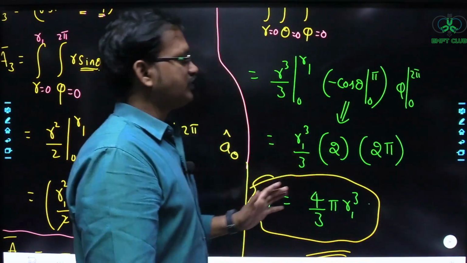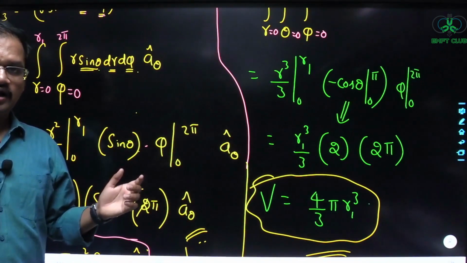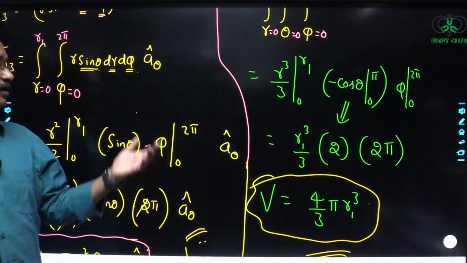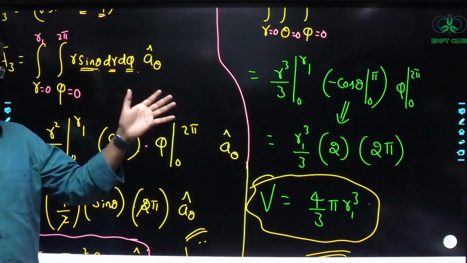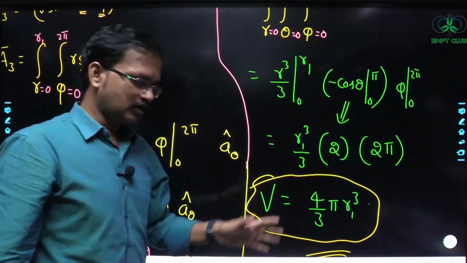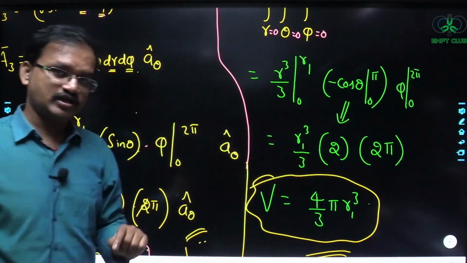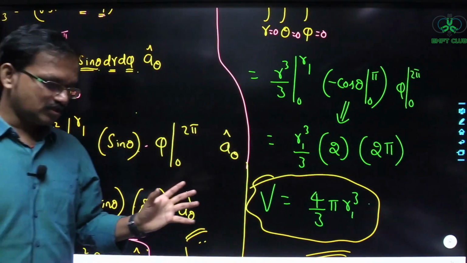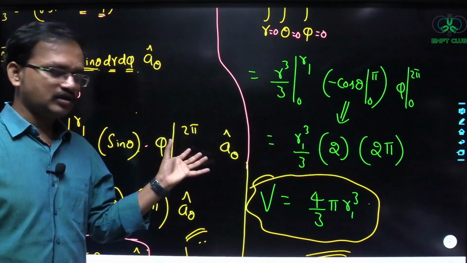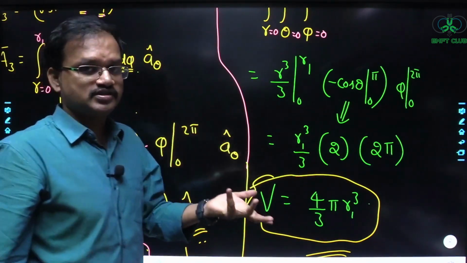After that we have seen how to determine the differential area, and by varying r and theta, what is the surface area we are going to get, right? And by varying theta and phi, what is the surface area we are going to get, and by varying phi and r, what is the surface area we are going to get. All these things including the mathematical equations we have visualized also. We have visualized those surfaces also.